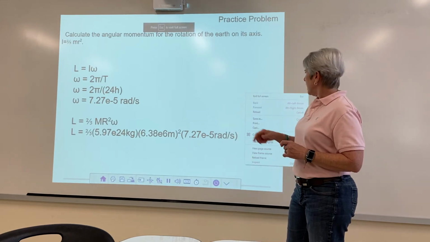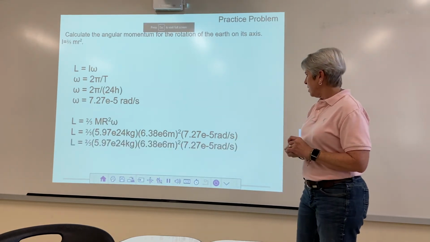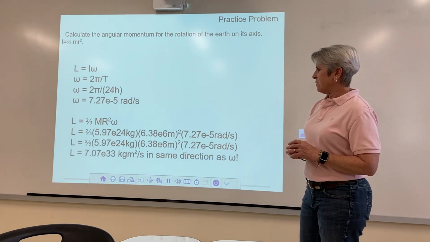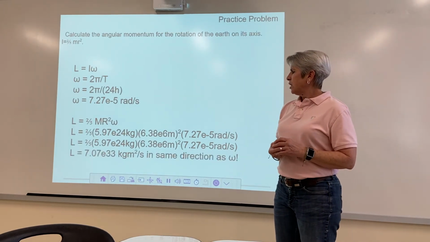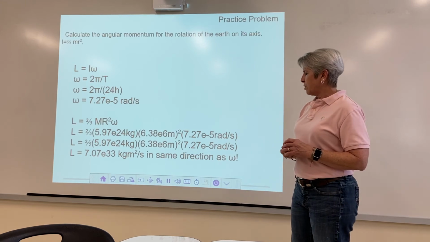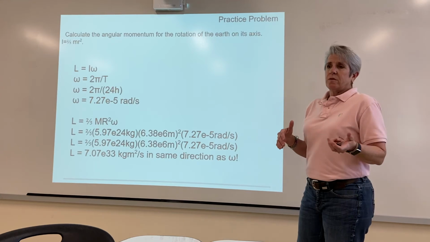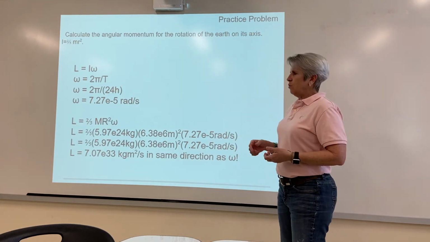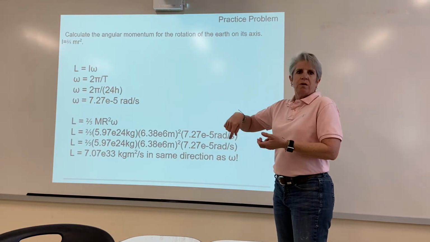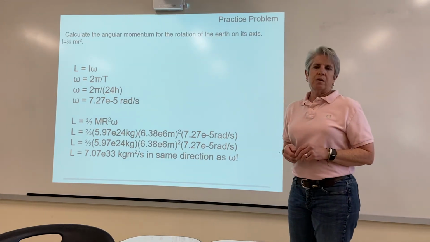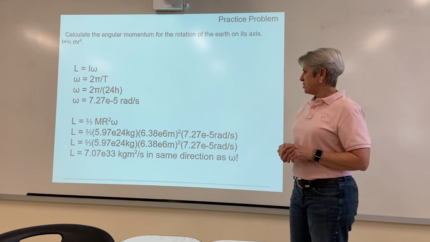And so we would get the angular momentum of the Earth to be 7.07 times 10 to the 33rd kilogram meters squared per second. What direction is this momentum? Well, whatever direction the angular velocity is, that's the same as the angular momentum around that axis.